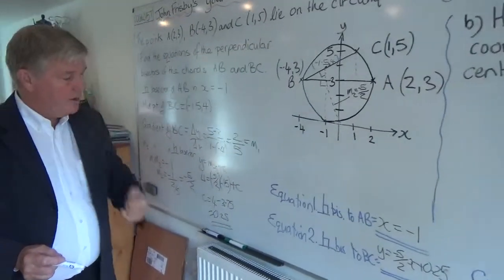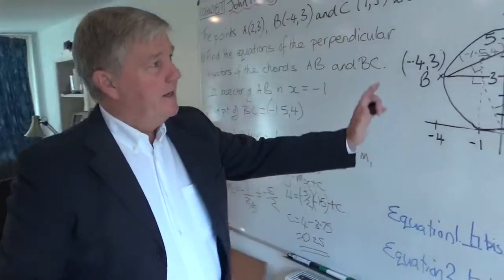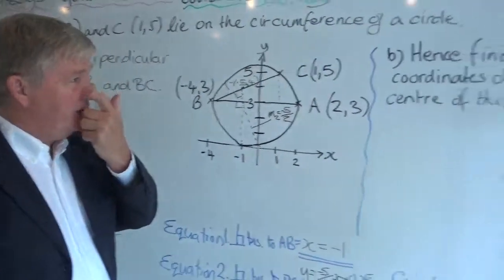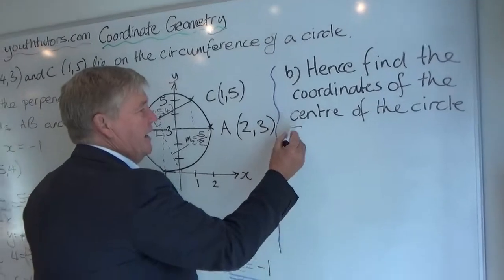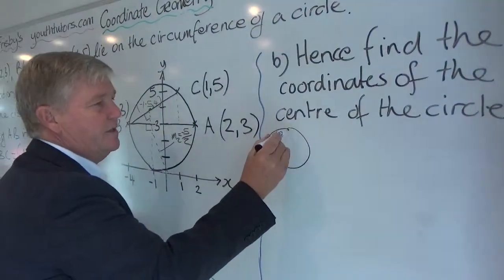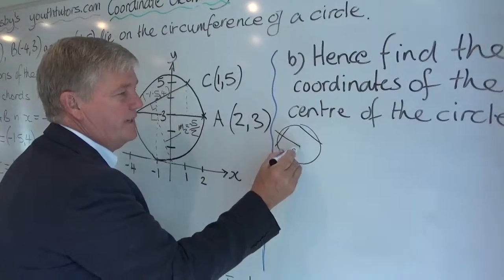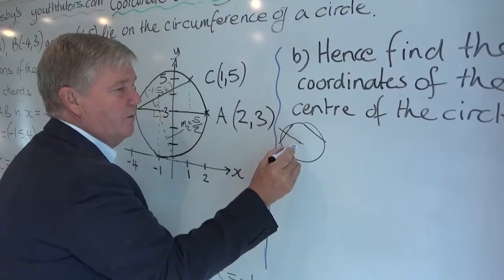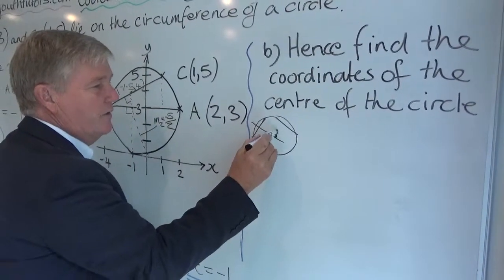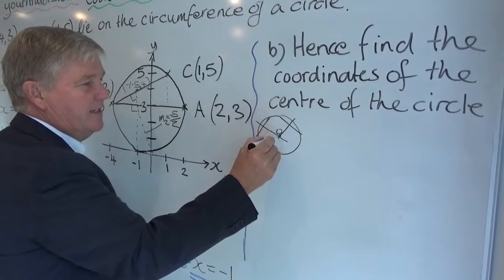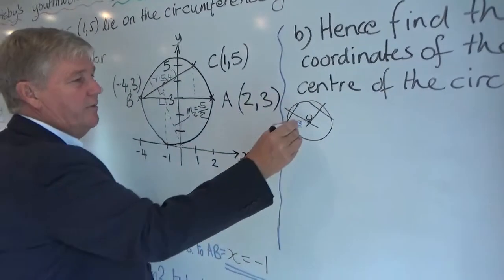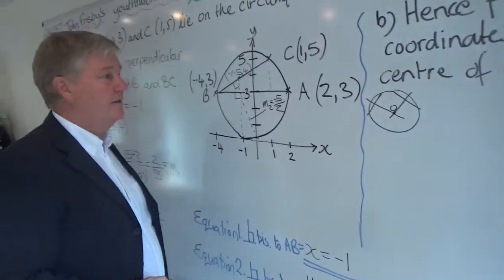So we've got those two equations. Part b, find the coordinates of the centre of the circle. We're going to use the principle that any perpendicular bisector of a chord will pass through the centre of a circle O. So if we've got two chords and they've both got perpendicular bisectors, where they cross will be the centre of the circle.